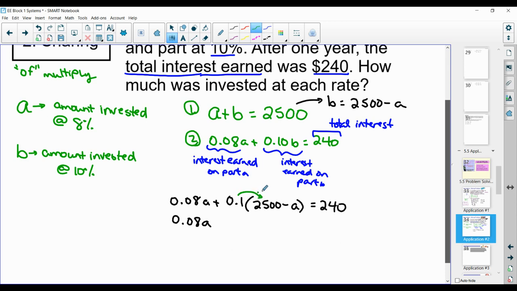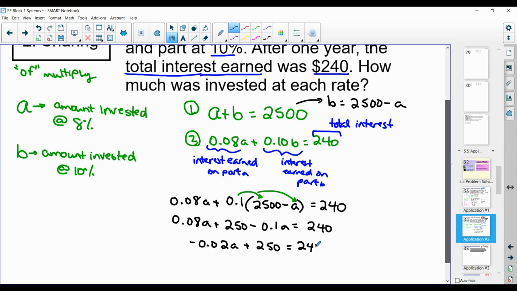So 0.1 multiplying through, that gives me 0.1 times 2,500 is 250 minus 0.1A equals 240. Combining those, I've got 0.08 minus 0.1, so I'm combining my like terms. That gives me negative 0.02A plus 250 equals 240.